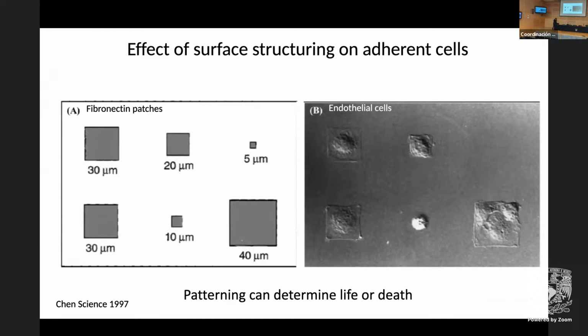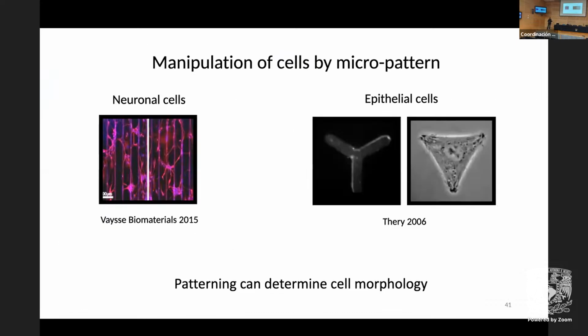So this was the first time that we knew, number one, that we could pattern the cells with stamping proteins, and number two, that their even survival depends on how well they can spread, how well they can interact. And now, I don't have to tell this to this audience, you can pretty much make the cells do what you like by stamping the right way. But all this is micron scale, okay?